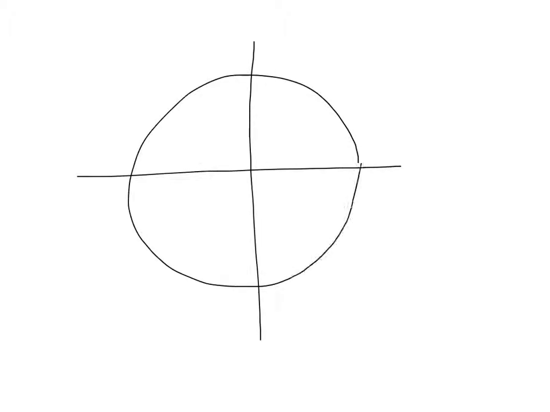You have a diagram that looks like this, and you've got some points: 1, 0, 0, 1, negative 1, 0, 0, negative 1. What do you notice on this diagram?